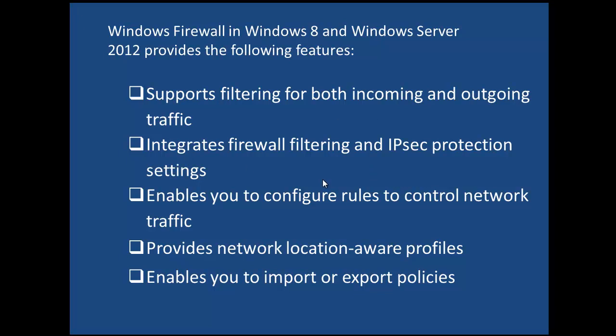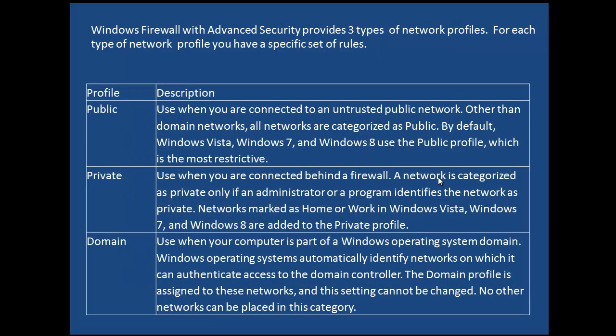We want to look at Windows Firewall profiles because Windows Firewall allows you to divide up your firewall settings into profiles. We have the public profile, we have the private profile, and we have the domain profile. Each of these profiles is simply a set of rules which would be applied to a type of profile.